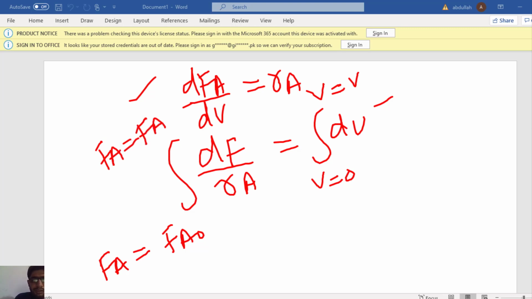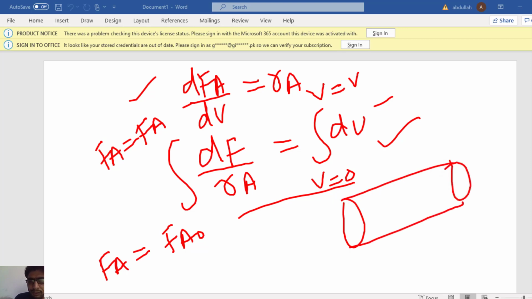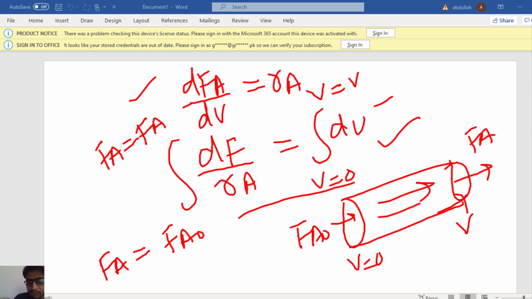So this is the integral form of the PFR. We have assumed that the volume here is 0 and the flow rate here is FA naught, and the volume here is V and the flow rate here is FA. So this is the integral form of the PFR. Thanks.